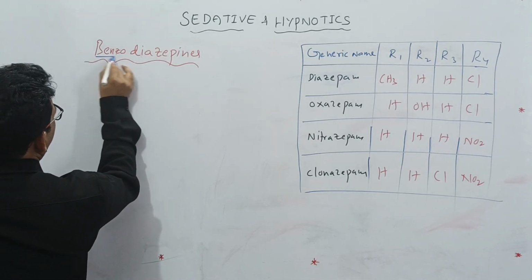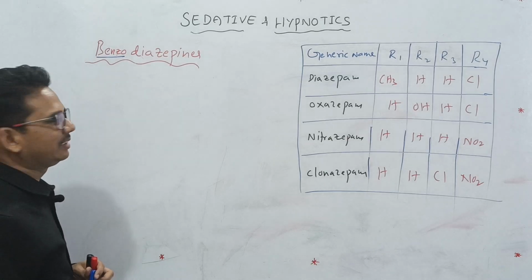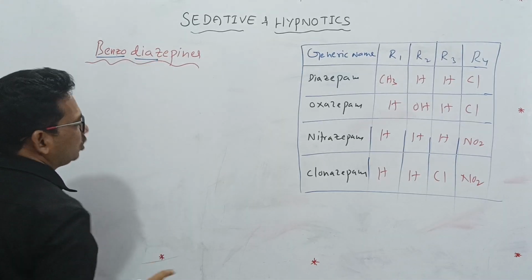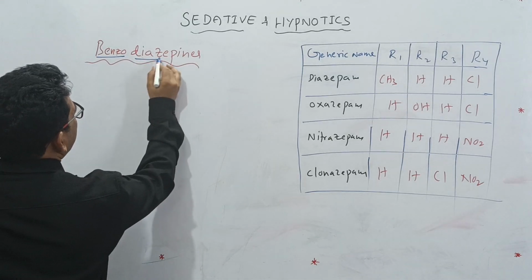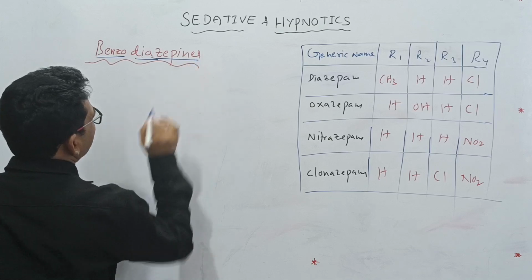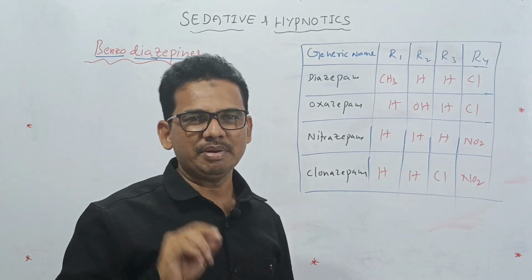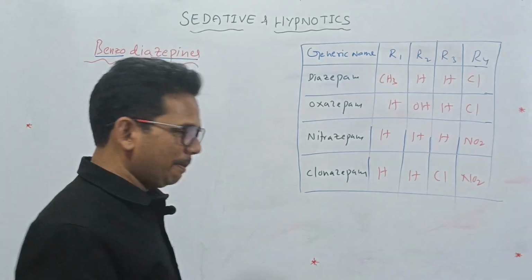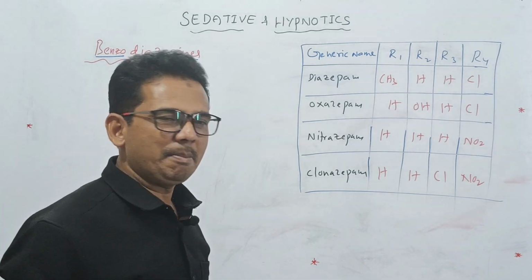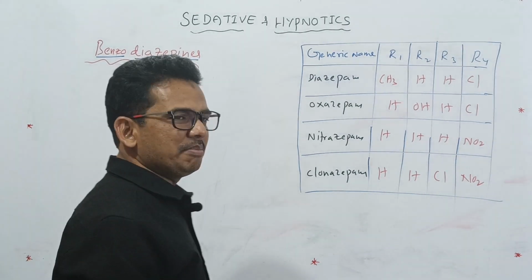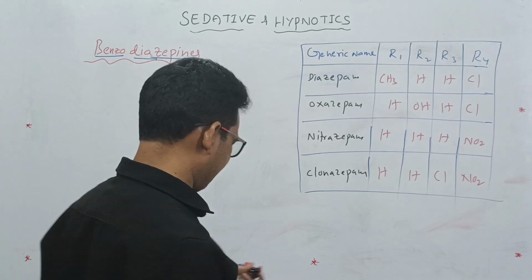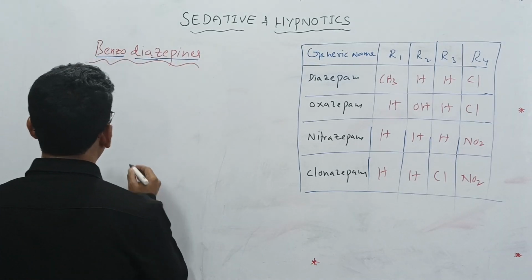See, the name itself indicates benzo, it has the benzene, diaza, two nitrogens, azepine. Azepine means a 7-membered ring. Remember, benzene fused with a 7-membered ring is called a benzodiazepine. See, I will write the structure of that.